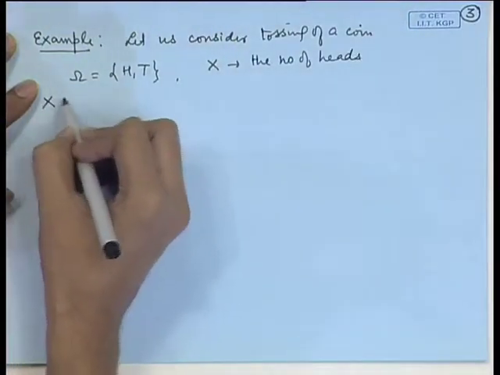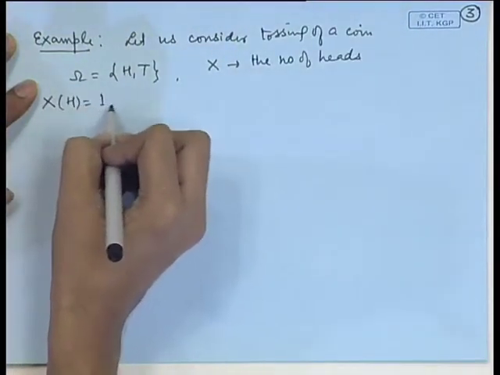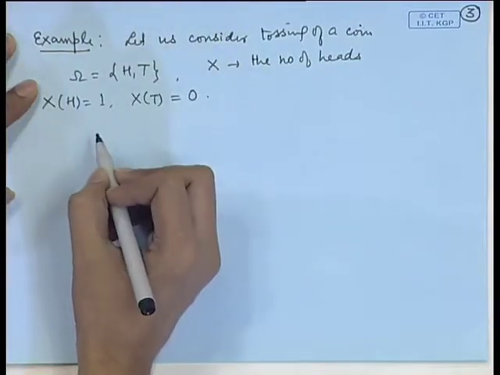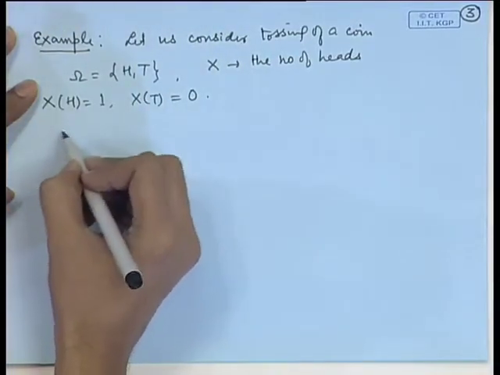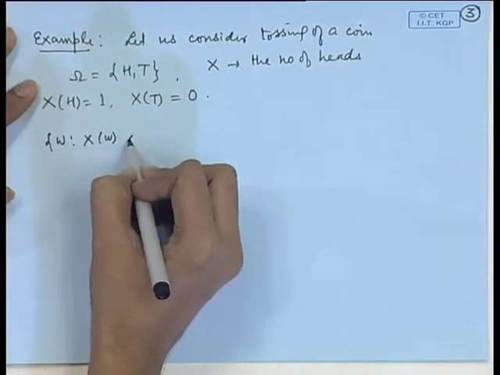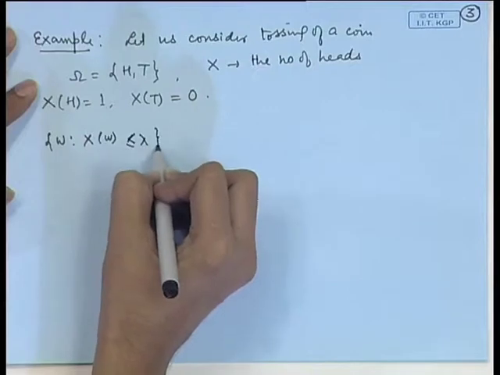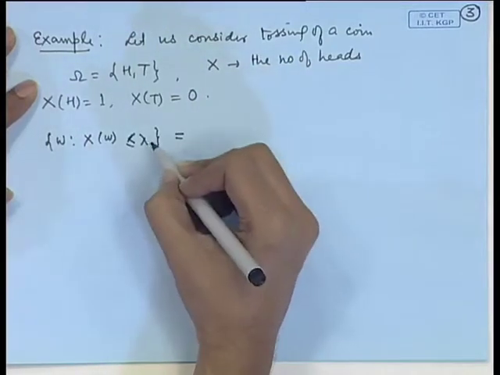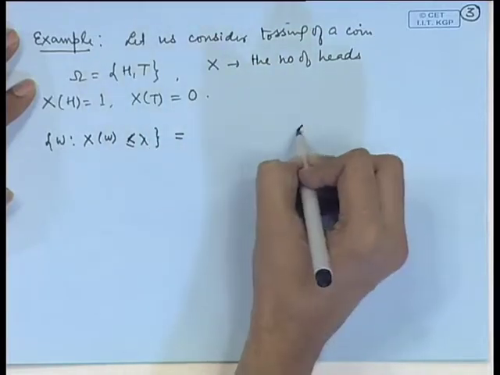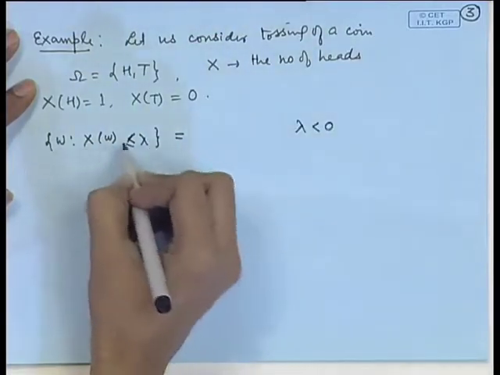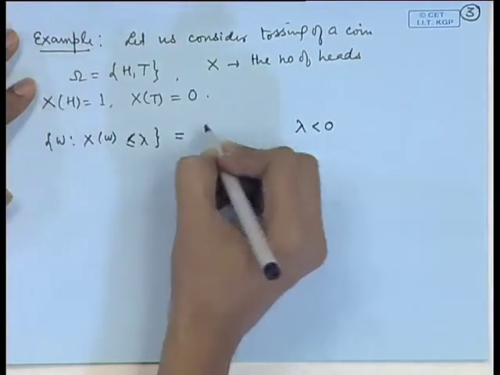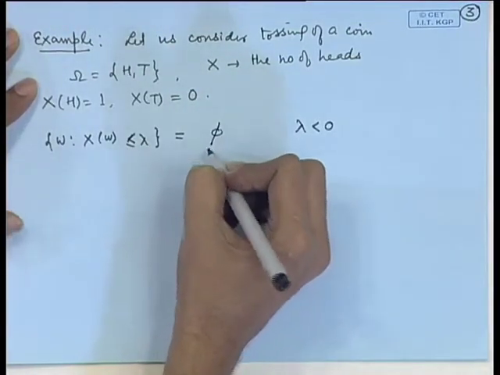So, naturally here X(H) is equal to 1 and X(T) is equal to 0. So, if we look at the set of omega such that X omega is less than or equal to lambda, say. Now, if lambda is negative, then there is no point for which X omega is satisfying that condition. That means, this is an empty set.